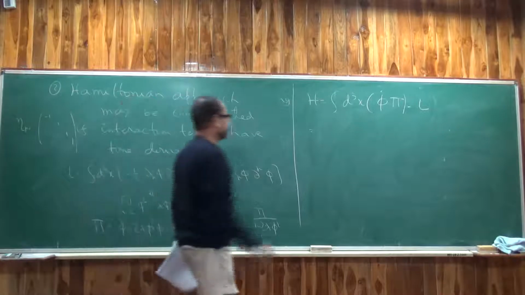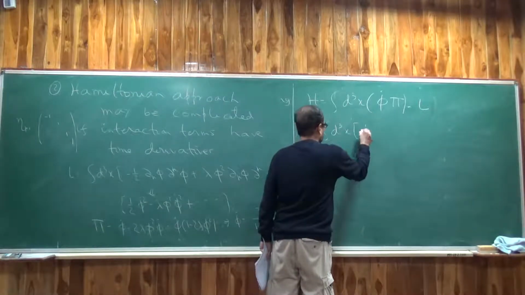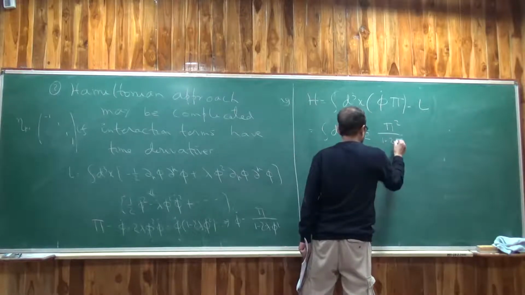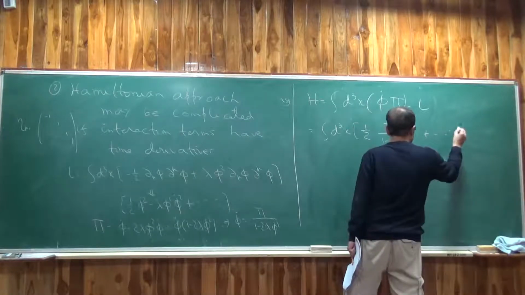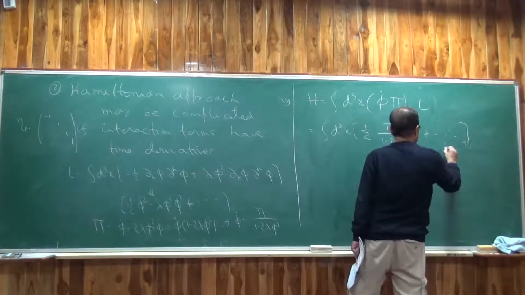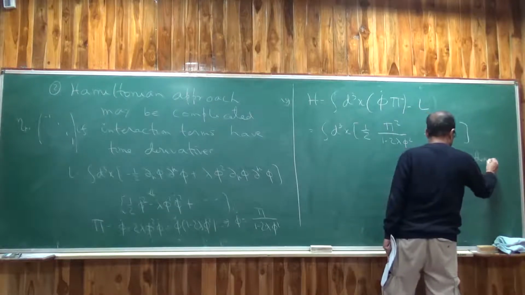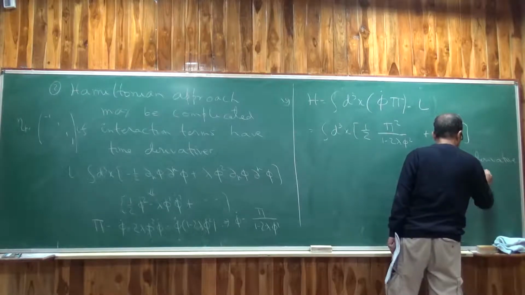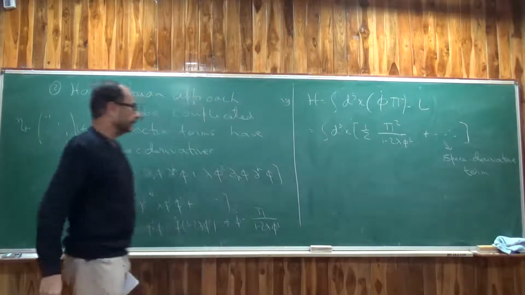So this you can easily check gives you integral d cube x of half pi square over 1 minus 2 lambda phi square plus space derivative terms, which is just minus of what appears in the Lagrangian.